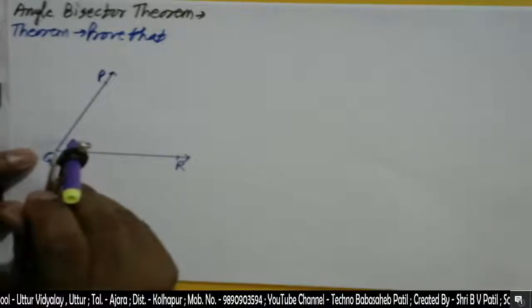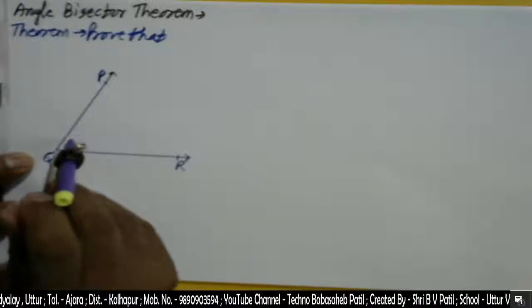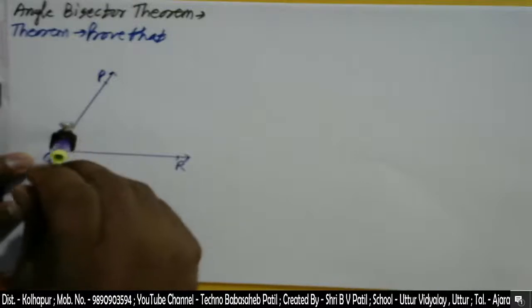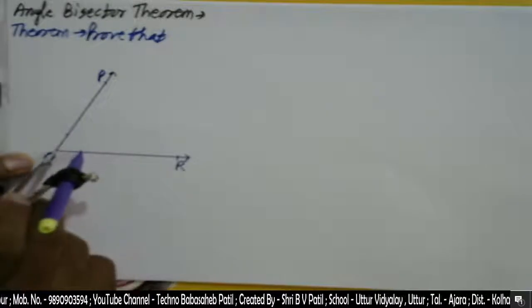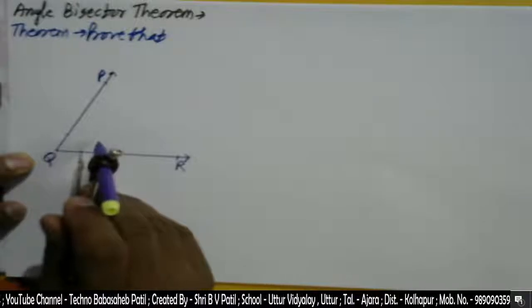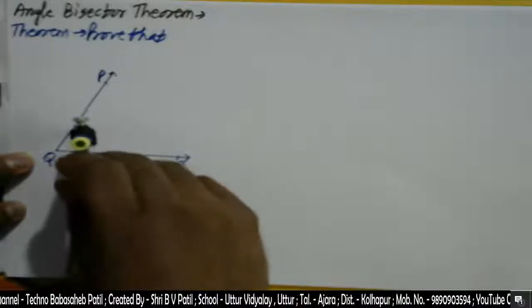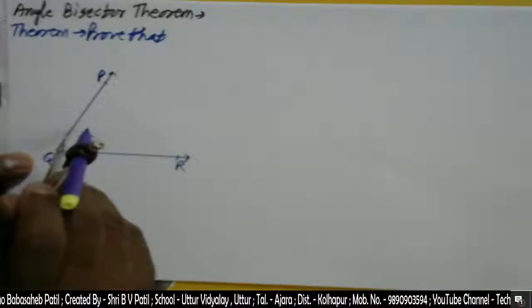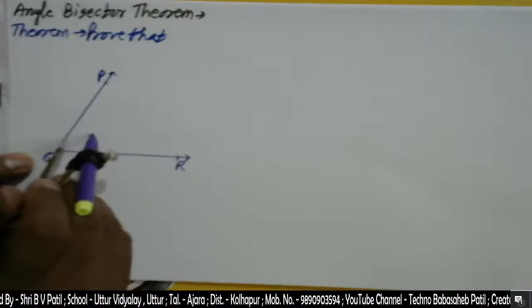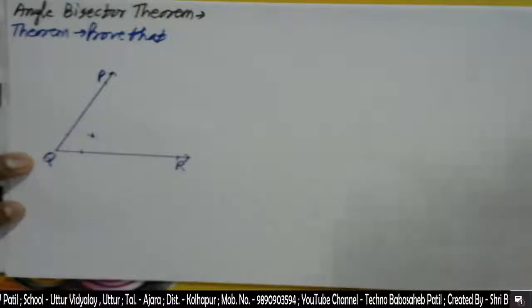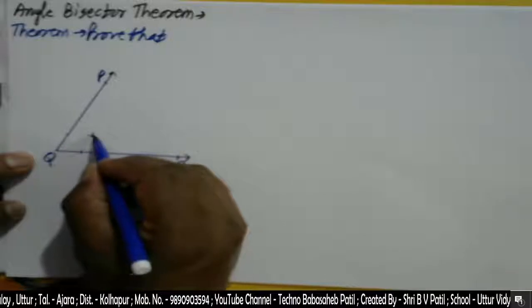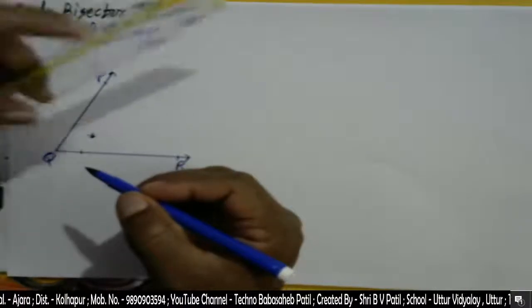For that purpose, take any distance and take the intersecting point, and draw another arc, and that is the intersecting point we get here.